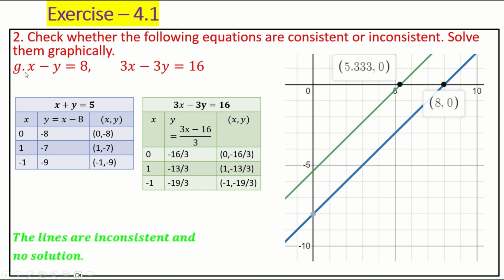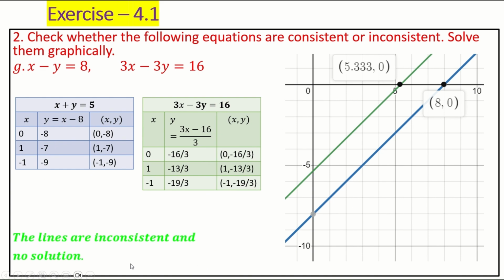For G, again it is same. You get the parallel lines. If you see here x minus 5, 3x minus 3y, so ratios are same basically, and only C ratios are different. So you can easily find out. Anyway, this is by drawing graph. So you take 2 points and then just draw the graph.